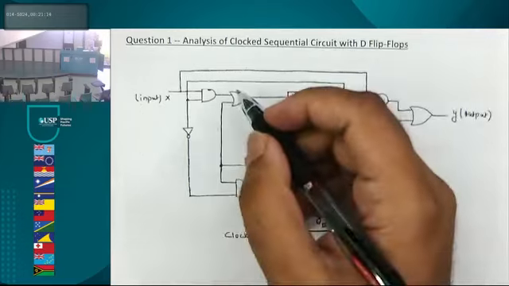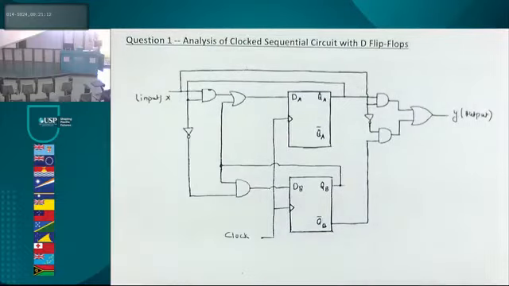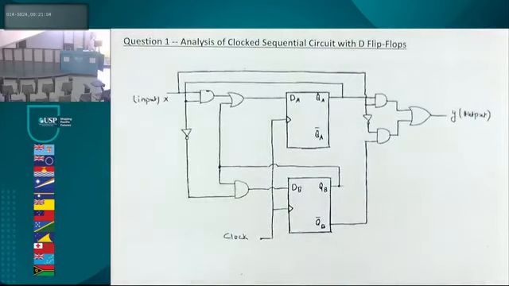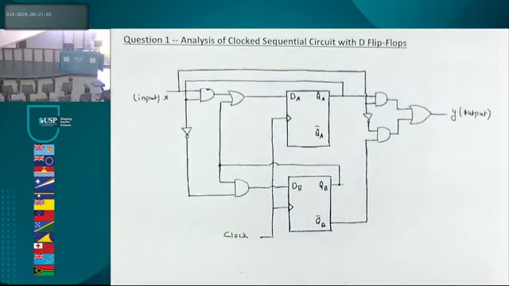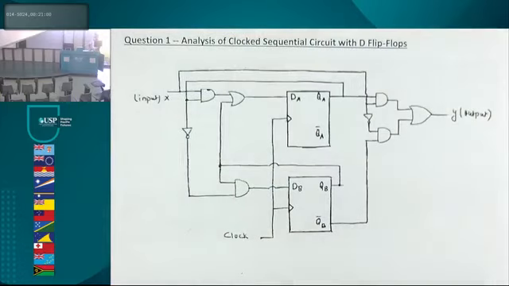Now, let's have a look at this problem. Step 1 is, firstly we recognize how many flip-flops. How many flip-flops, guys, in question number 1? 2. Bring this paper out if you have it. If you don't have it, you can draw it in your exercise book.